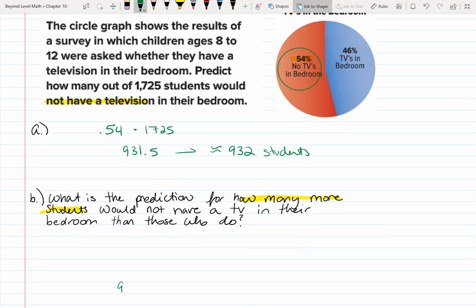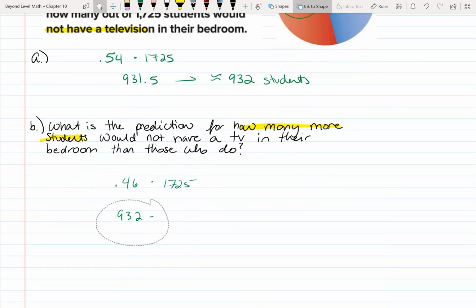We're halfway there. We're going to do 932 minus, but we need to figure out how many have TVs in their bedroom. So we're going to do 0.46. 46% have TVs. So times that 1725. We get 793.5.